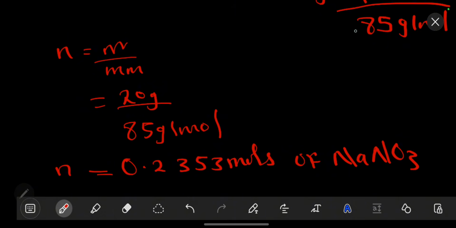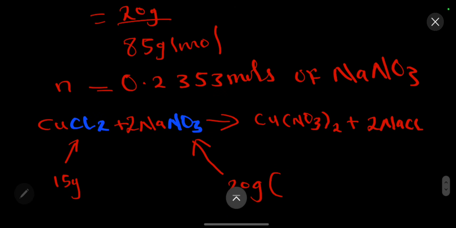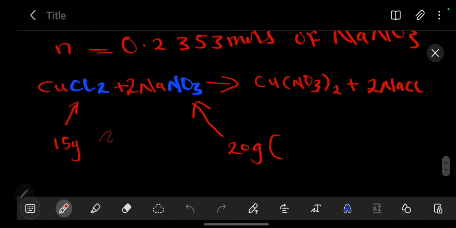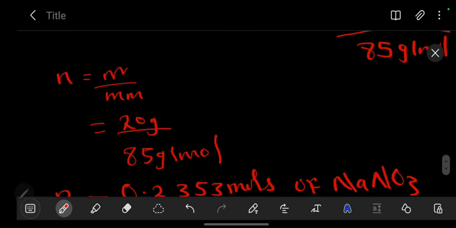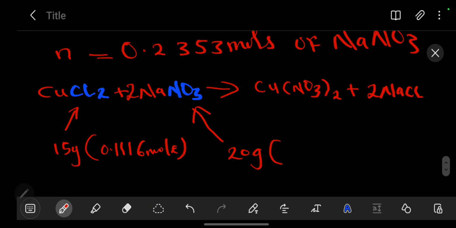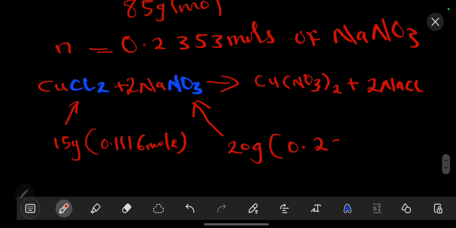So now let's compare them. Continuing our equation, we have copper chloride. We had 15 grams, which is now found to be, in terms of moles, 0.1116 moles. Then we also found that the moles of sodium nitrate present is 0.2353 moles.